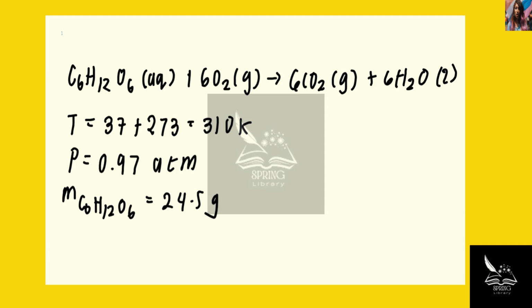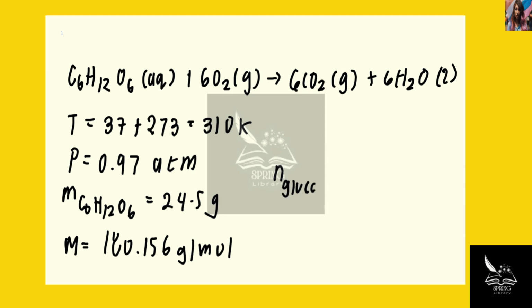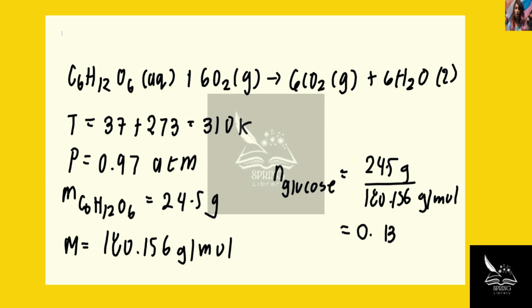So the volume of CO2 produced, we know that the molar mass of our glucose, calculating 6 times the molar mass of carbon plus 12 times the molar mass of hydrogen plus 6 times the molar mass of oxygen, gives us 180.156 grams per mole. So the number of moles of glucose is equal to 24.5 grams over 180.156 grams per mole, which gives me 0.136 moles.